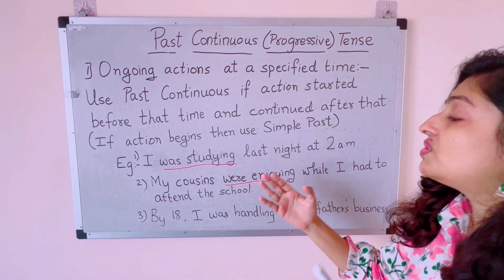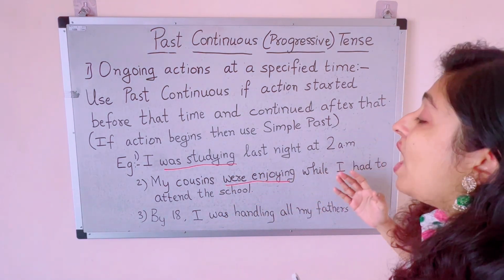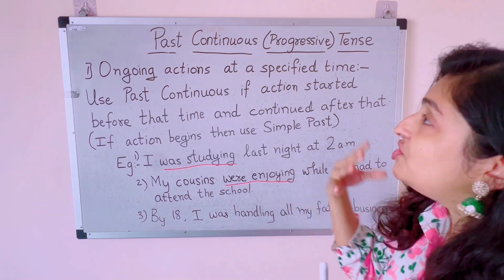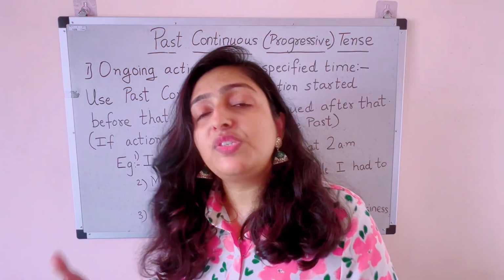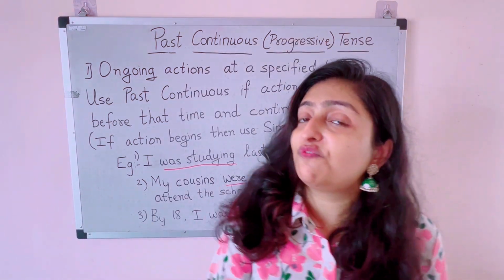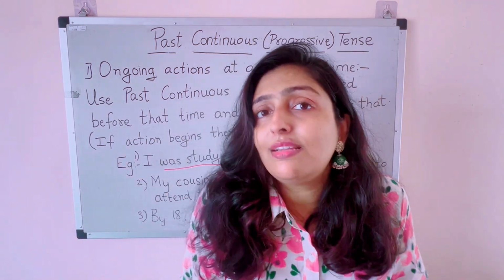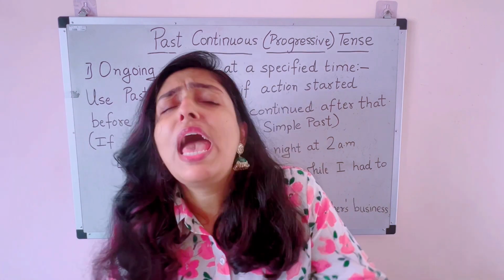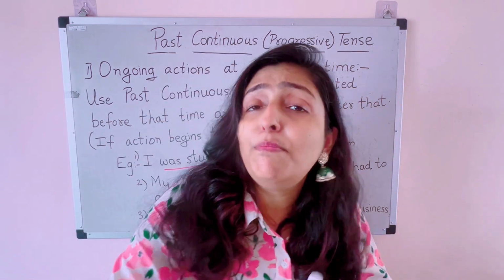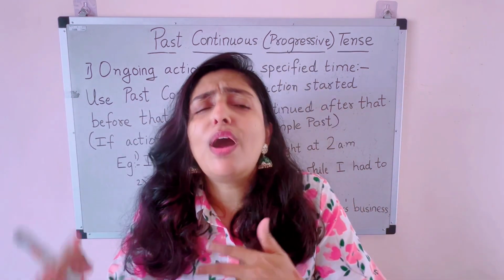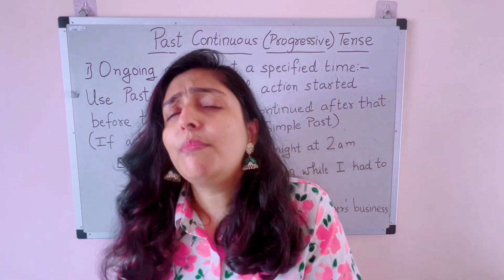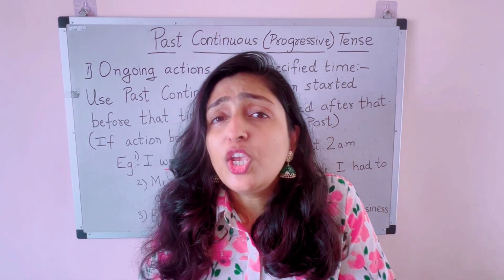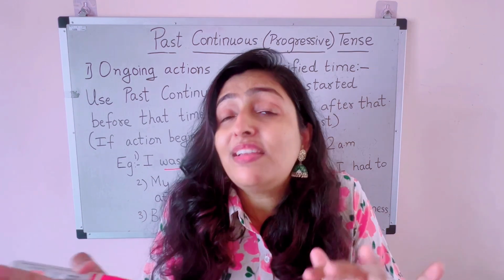My cousins were enjoying while I had to attend the school. Were enjoying is in past continuous or progressive tense. Now imagine a scenario wherein your cousins have all arrived a day before, and you are all having a gala time, a festive time, you're all in celebrations, but next day you have no option but to attend the school.